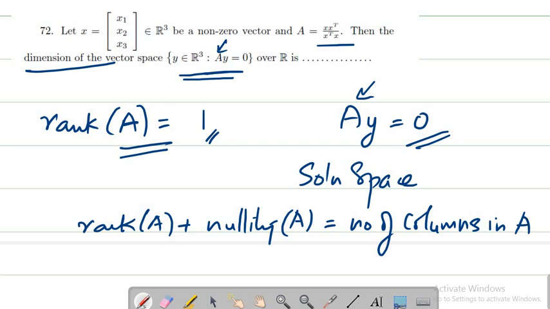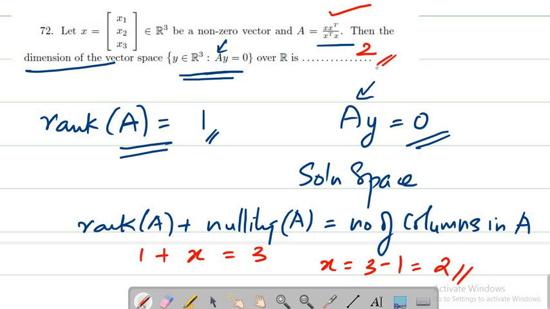So from that, 1 plus x is equal to 3 here, as the number of columns in A is 3. It's basically a 3 by 3 matrix because y belongs to R3. I'm doing it fast because we have already done this before. So you get x equal to 3 minus 1, that is 2. So in this question, the answer is 2.